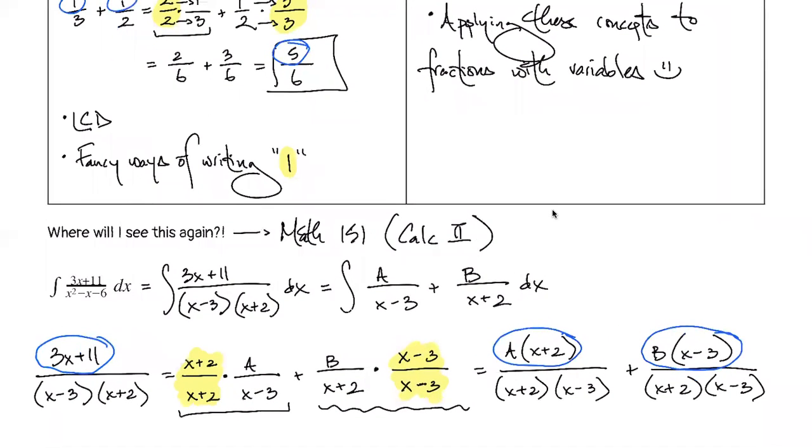So let me ask you folks a separate question. If I have 3/7 and I tell you that's equal to x over 7, what does x equal? 3.